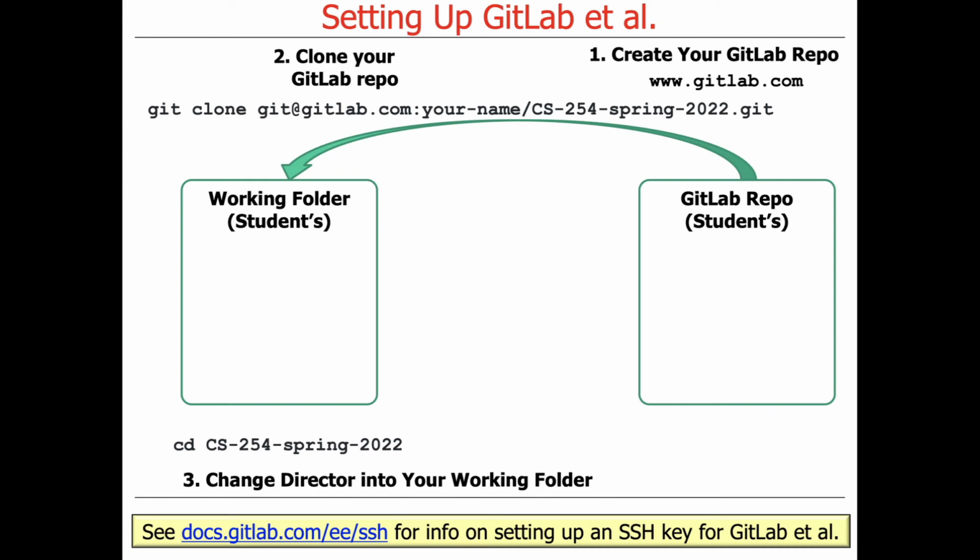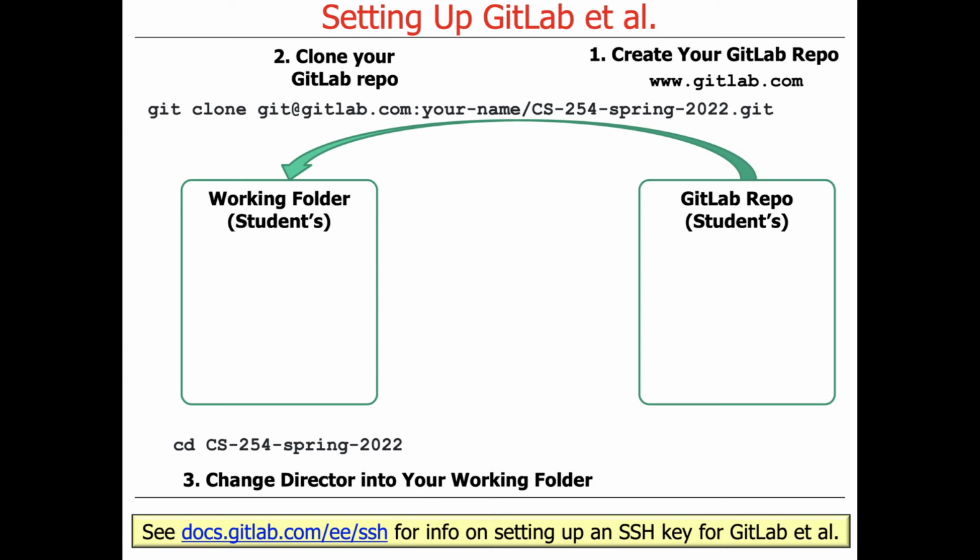And then you're going to basically make a repo with the following name: CS-254-spring-2022. You'll create that, and that's the name of the repo that you're going to create at GitLab. Then you're going to go onto your machine, and you're going to clone that repo into your local machine.